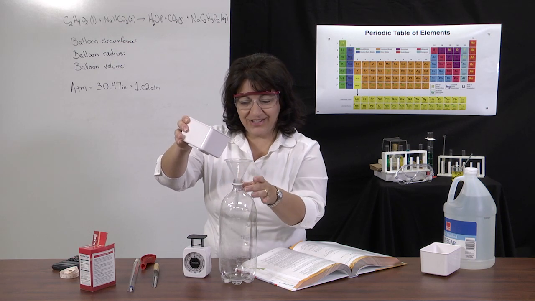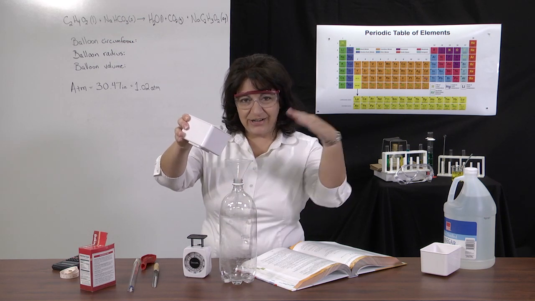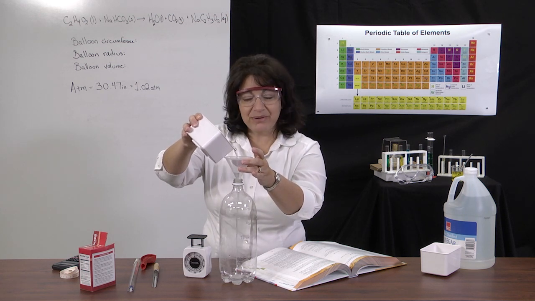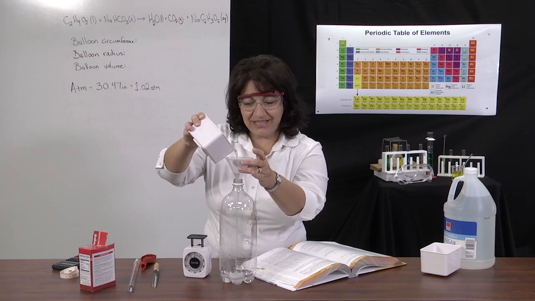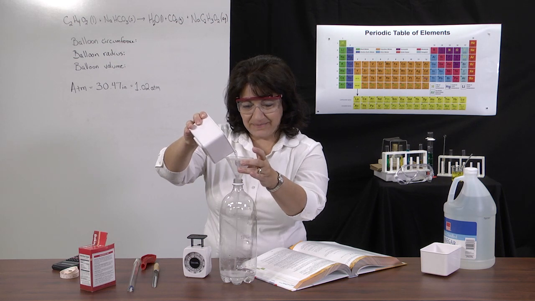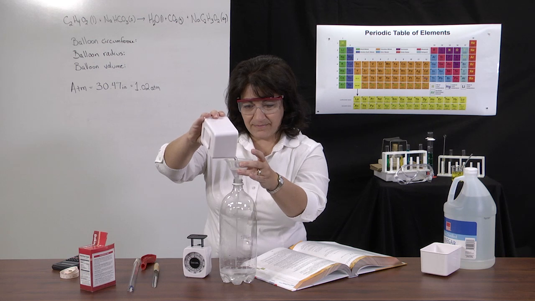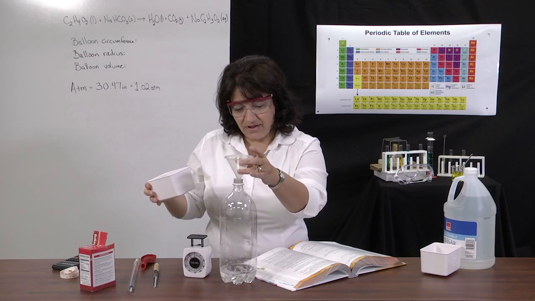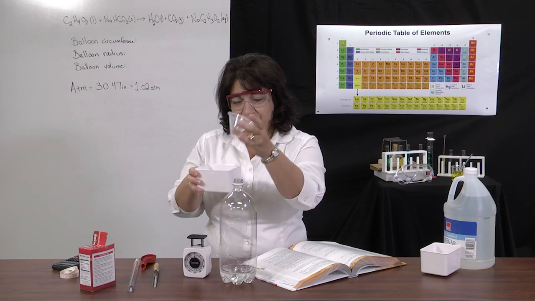Don't let it sit on the container because you get a seal and air can't escape as you're pouring liquid in and it won't pour as well. So if you lift it up a little bit, that's a nice trick for measurement. Okay, make sure all of it goes in.